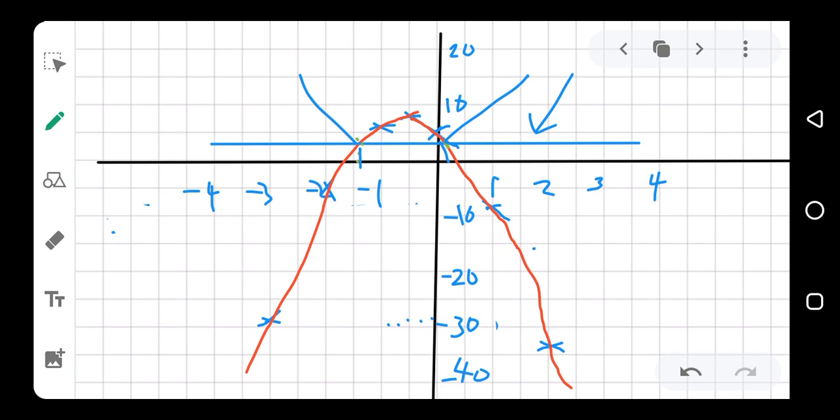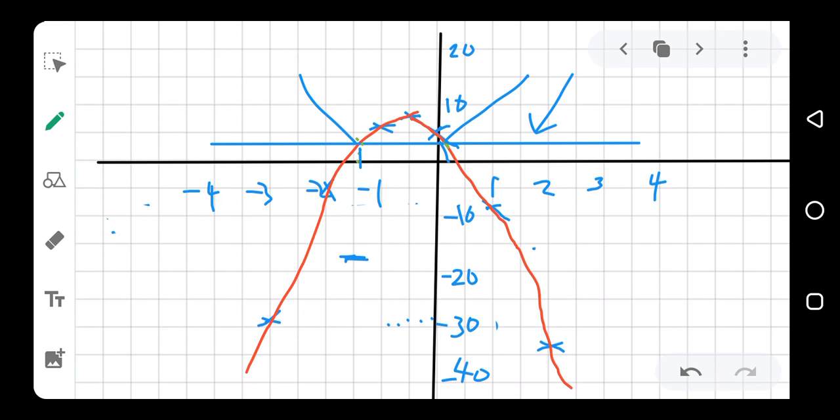Now still trying to make an accurate guess from this. I will take it as 1.4. I can say 1.4 for this one, minus 1.4 at this side, and then at this side let me say 0.2. This is 1.